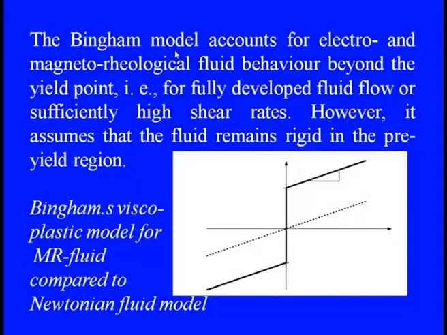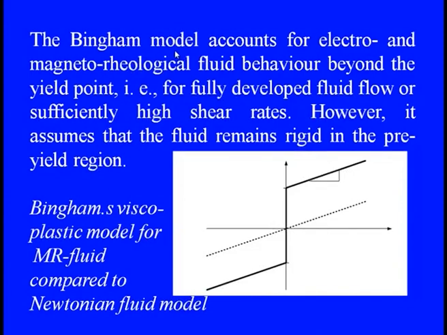When we want to represent the real character of these MR fluids, the Bingham model, which is very close to that, accounts for the electro or magneto-rheological fluid behavior beyond the yield point. That means when fully developed fluid flow is there, and the shear stresses are sufficiently high, only then can we go for the real fluid behavior.